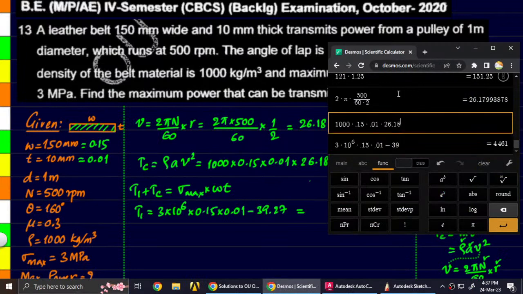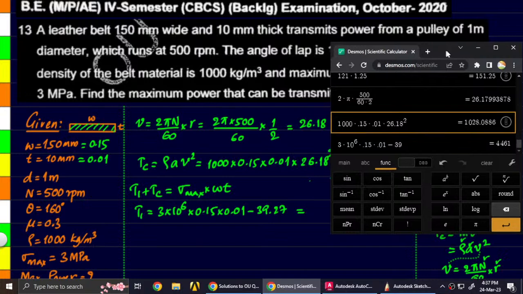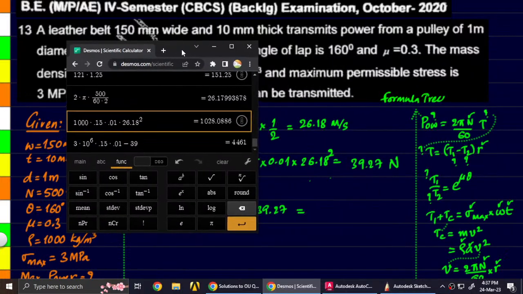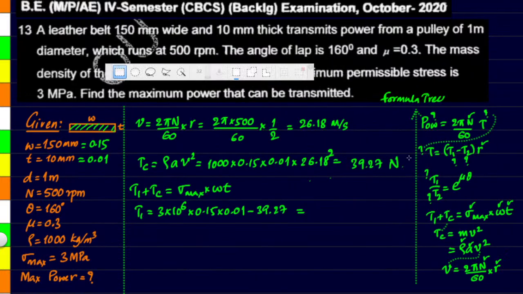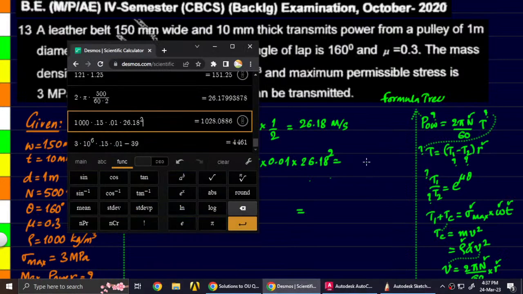The square needs to be considered over here. So when we take up that square, the value here will be very different. The same thing has to come over here. So that's 1028.09.